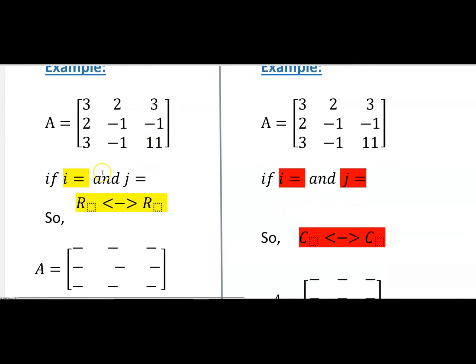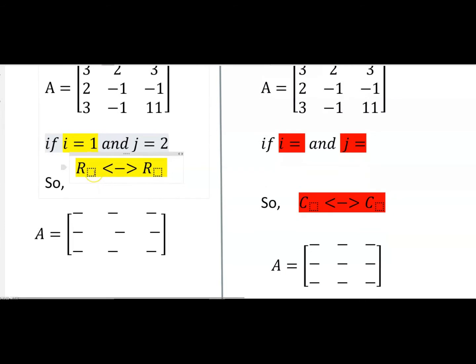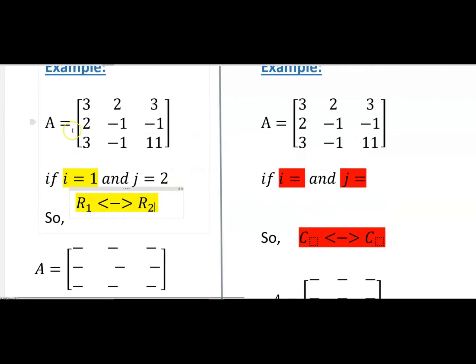If I take i as 1 and j as 2, this first operation, R_i interchange with R_j, becomes R_1 interchange with R_2, that is, the first row will interchange with the second row. There is no operation on the third row, so the third row remains as it is.